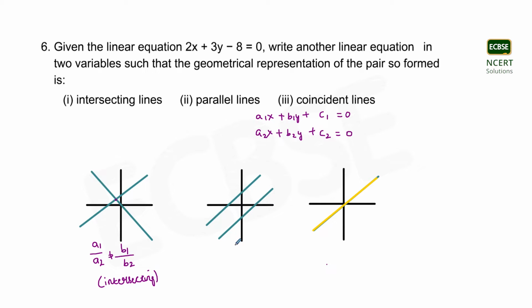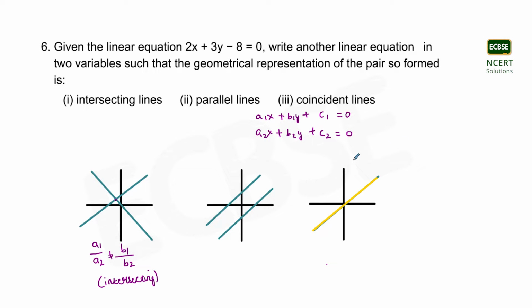Now coming to the other condition, where the lines represented by this pair of linear equations are parallel to each other. These lines are obviously inconsistent, that is, we cannot find a solution for these lines as they are parallel to each other.